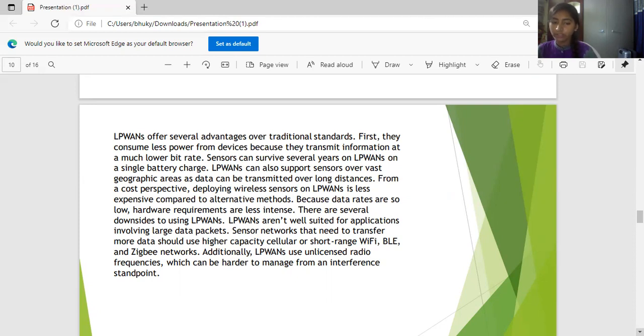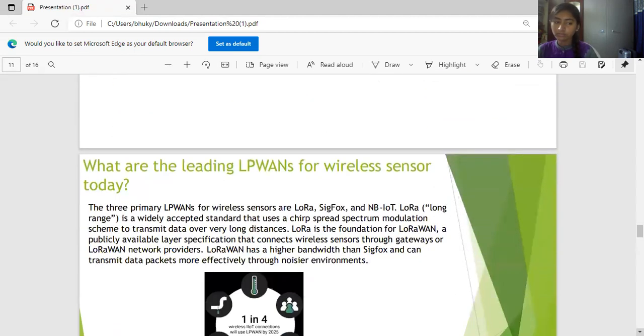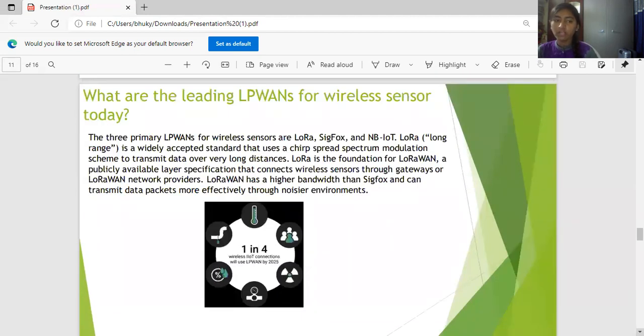Additionally, LPWANs use unlicensed radio frequencies, which are harder to manage from an interference standpoint. Now let's see what the leading LPWANs for wireless sensors are today.